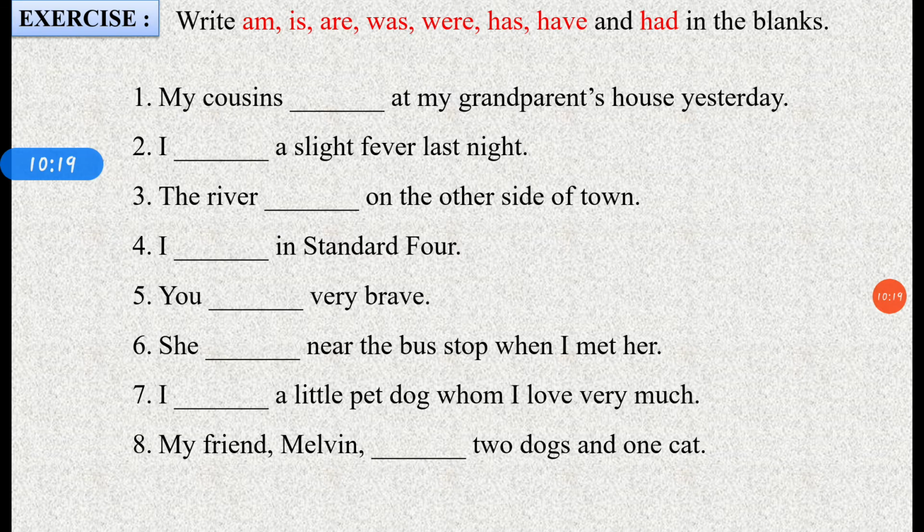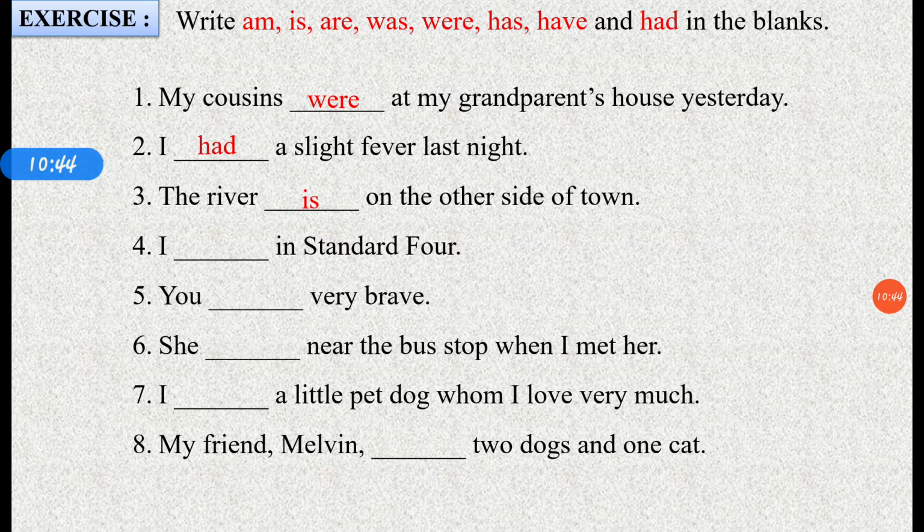So we use my cousins were. I dash a slight fever last night. Last night is a past tense, so with I we use I had. It is a to have form verb.